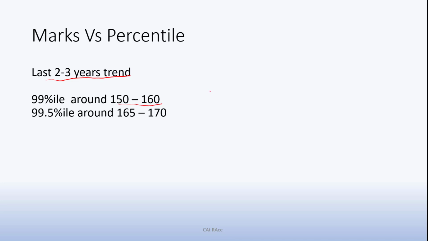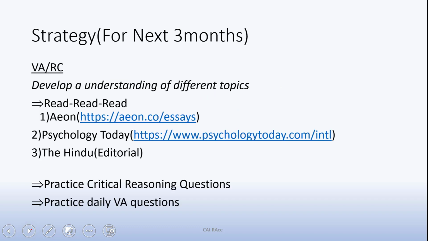This year perhaps 158 or so is the scaled marks at which you will get 99 percentile, so the raw score will be around 155. This remains between 150 and 160. For 99.5 percentile, the raw score will be between 160 and 165. So this was about the CAT examination.